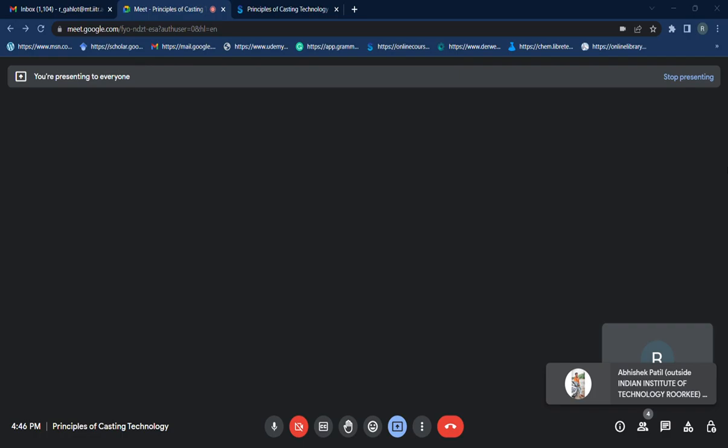The first is cold shut. The second, on the right side, is misrun. At the bottom, the left side is hot tear, or cracks, and the right side is voids. The last one is the shrinkage cavity defect.